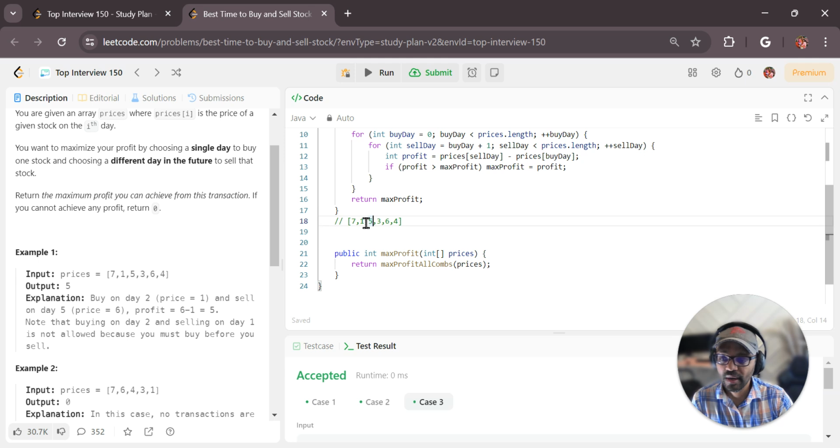But once we go to 5, we don't have to try any sell day combinations for 5 as the buy day. 5 is not a valid buying price because we already considered a buy price which is lower than 5, which has come in the past. So any day we sell for a buying price of 5 will never yield a profit more than buying at a price lower than 5, right?